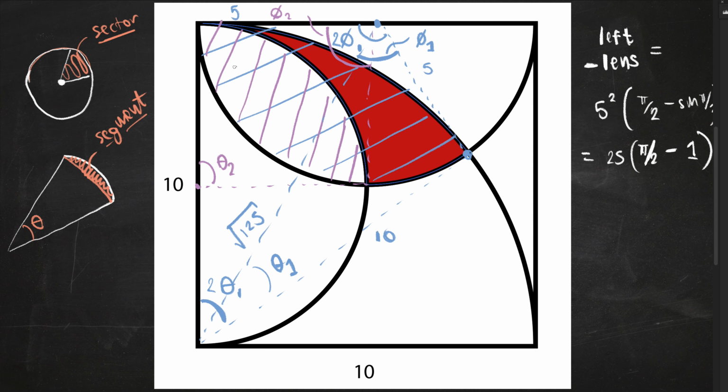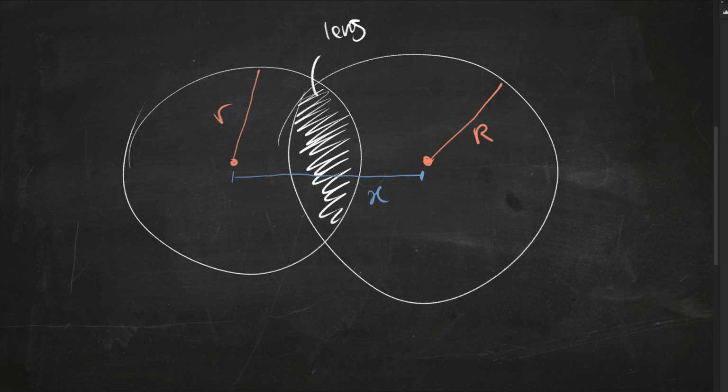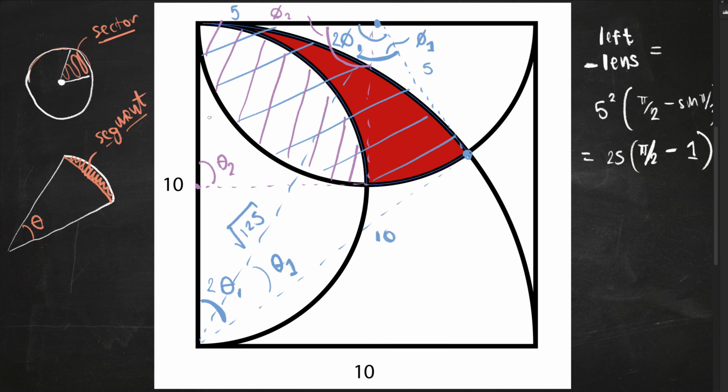So, again, the major insight in this problem is recognizing that we do have the difference of two lenses, and a lens itself is actually the intersection of two circles. That's the mind-boggling thing. We have a lens, the intersection of two circles, and then we're doing the difference of two lenses.